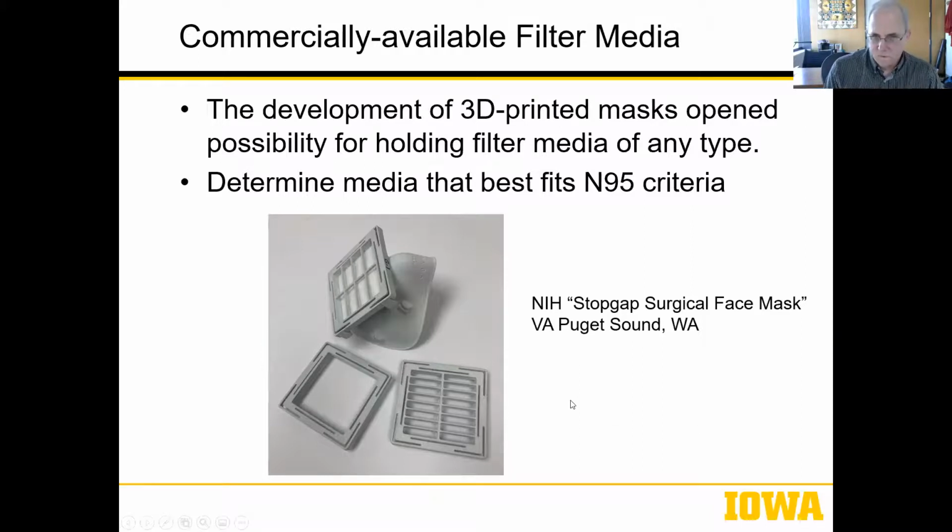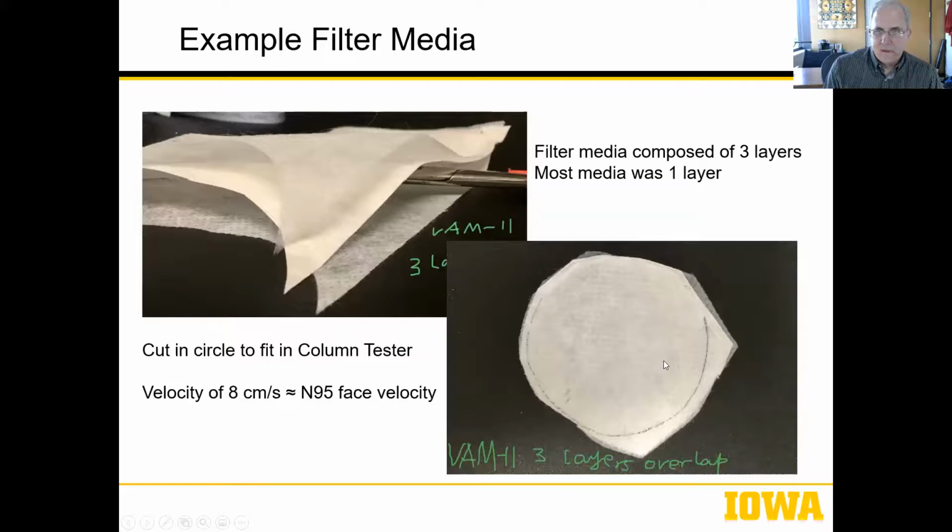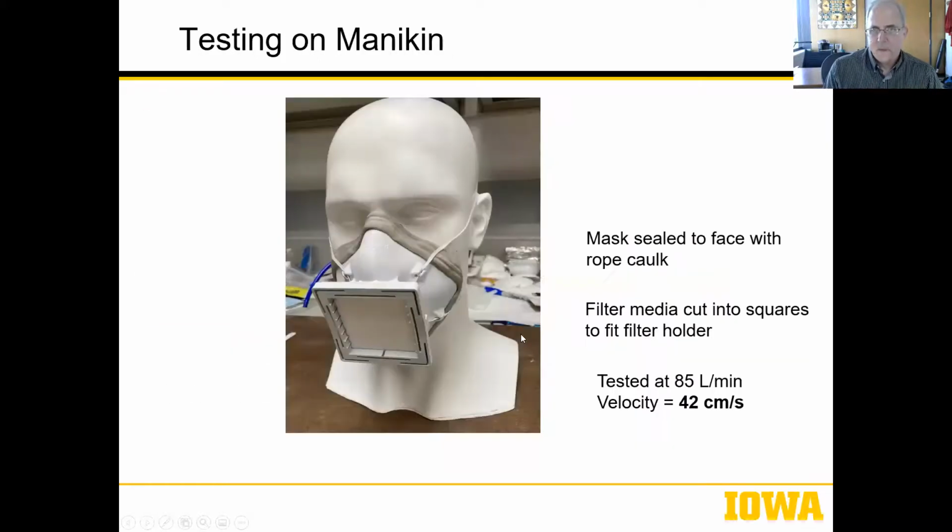So this became a whole other study with folks out at the Veterans Administration in Washington. You see the stopgap mask here that they used. And we went through more than a dozen different types of commercially available filter media. This one just happened to have 3 layers, but many of them only had 1. You can see it here on the mannequin head, and so we use the mannequin tester here.